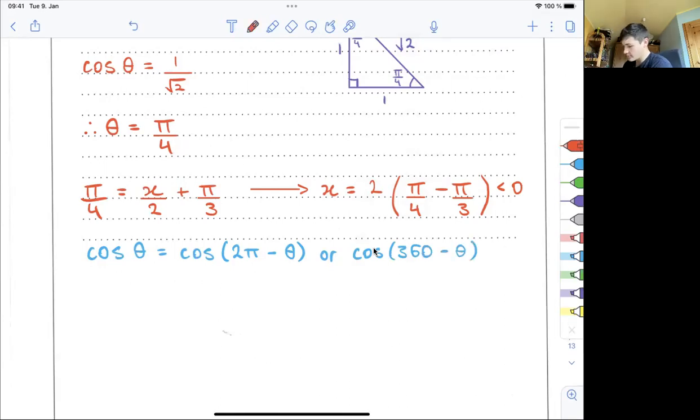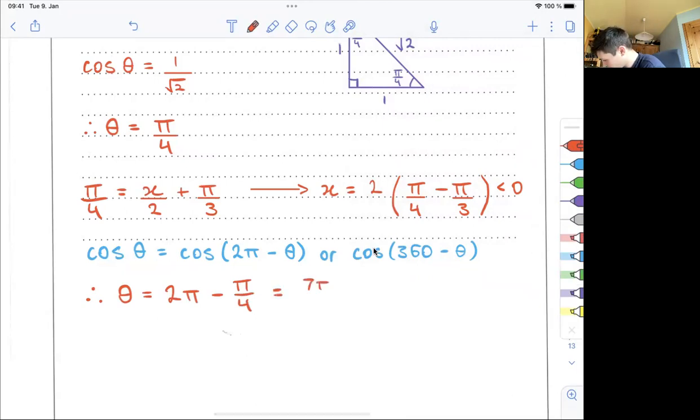So if theta is equal to pi over 4 here, then another possible value for theta would be 2 pi minus pi over 4, which is going to give us 7 pi over 4. Because this would turn into 8 pi over 4, then we get 8 pi minus pi, and so we get 7 pi over 4.